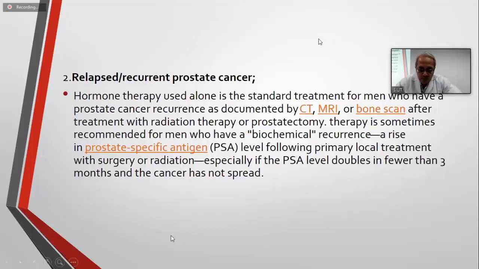Now, what happens to the PSA when you do radical prostatectomy? The PSA should go down to 0. That is the ideal, and it happens, if your selection process is good, if you have selected your case according to the stage, and the stage is organ confined, then the PSA must go to 0.